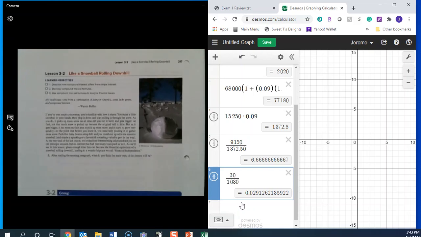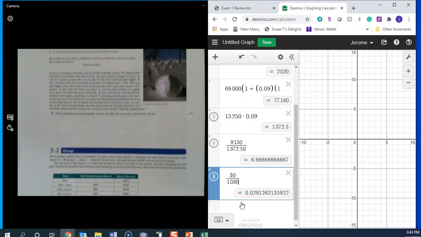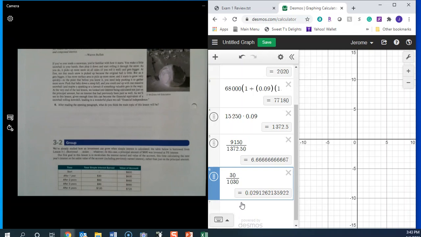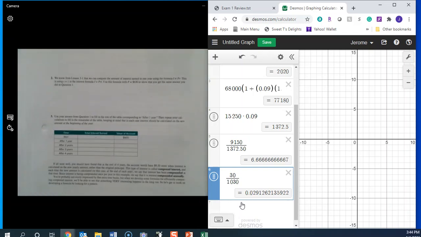It says, like a snowball rolling downhill. Learning objectives: to describe how compound interest differs from simple interest, to develop the compound interest formula, and to use compound interest formulas to analyze financial issues. Okay, let's look at the next page.